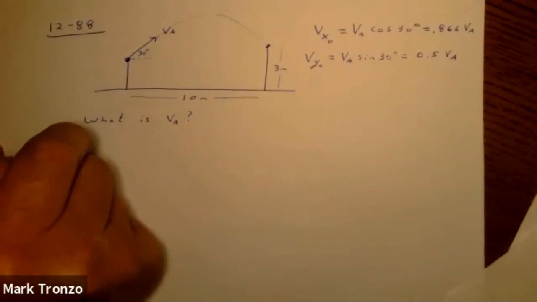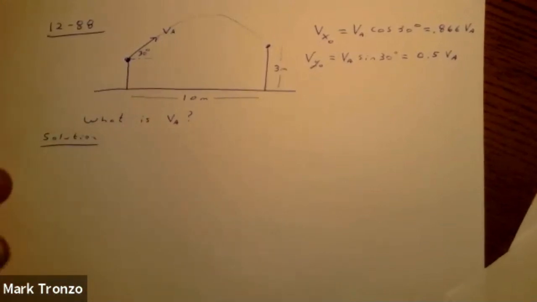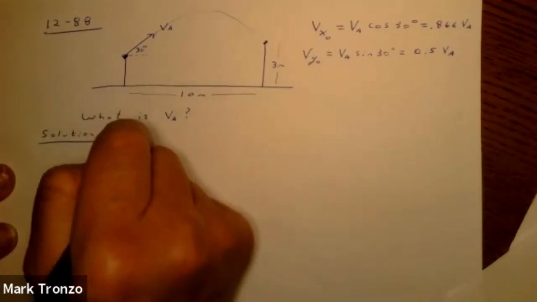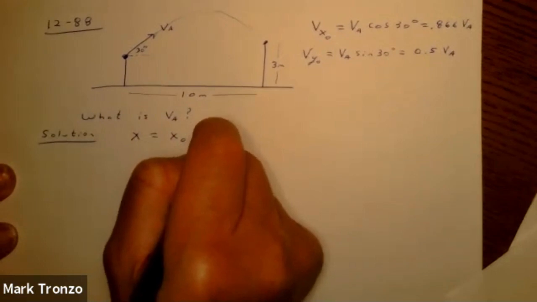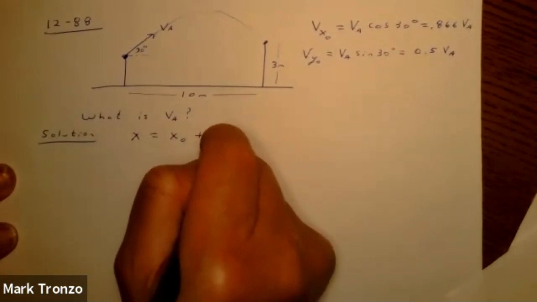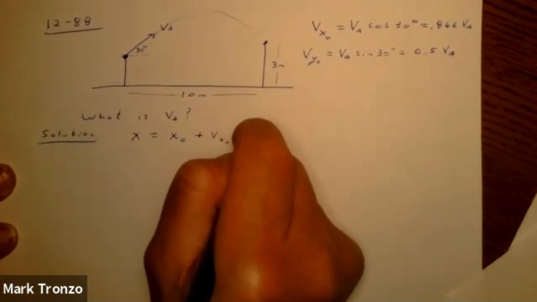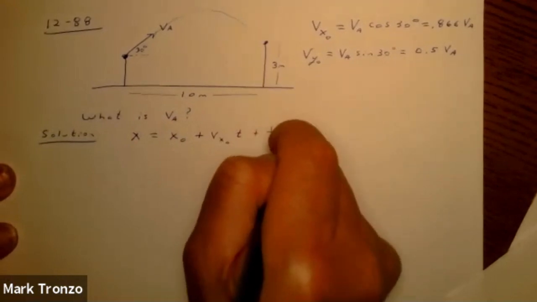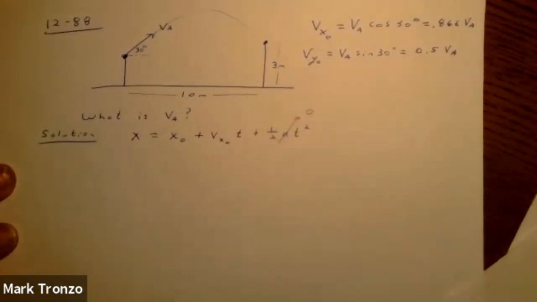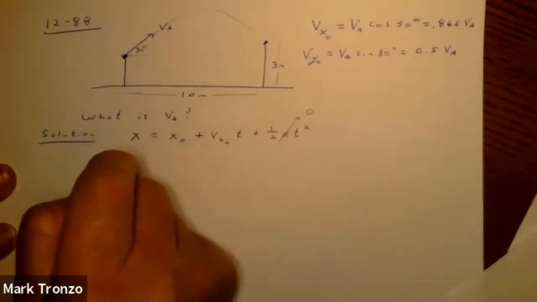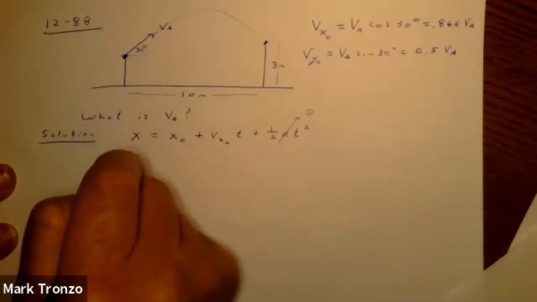So let's just try to write down our equation just like we did before, even though we don't know what the velocity is yet. Go back to our x equation: x equals x naught plus Vxo times t plus 1/2 a t squared. Just like before, this acceleration is always 0. Then let's start plugging stuff in.